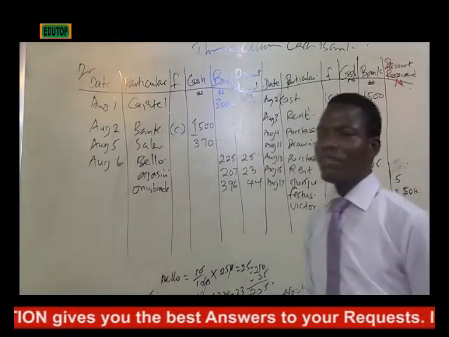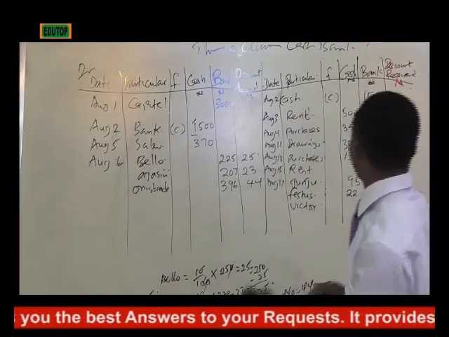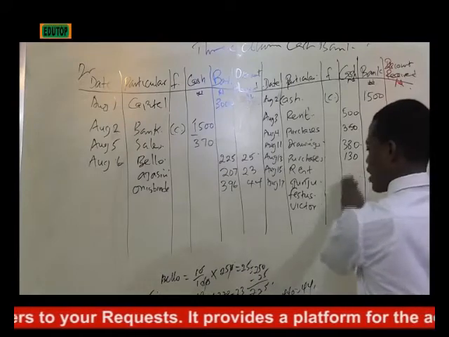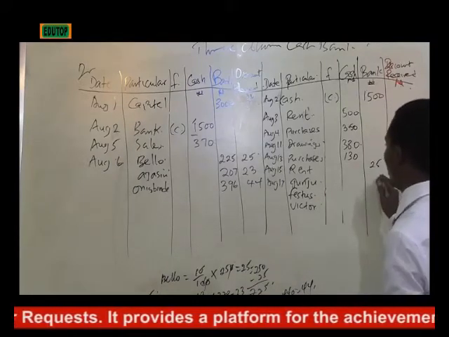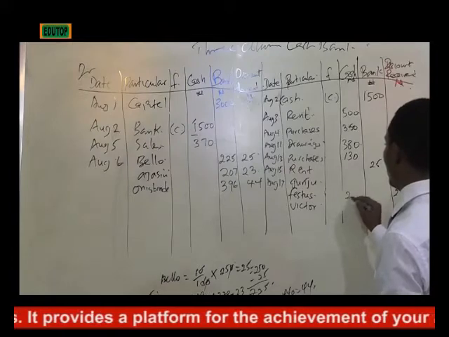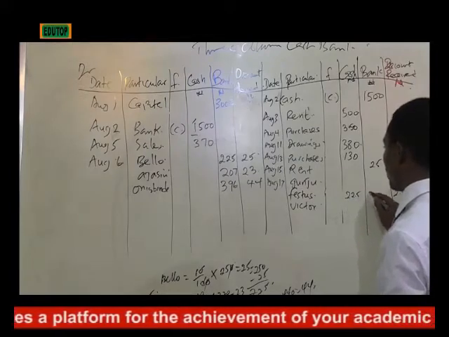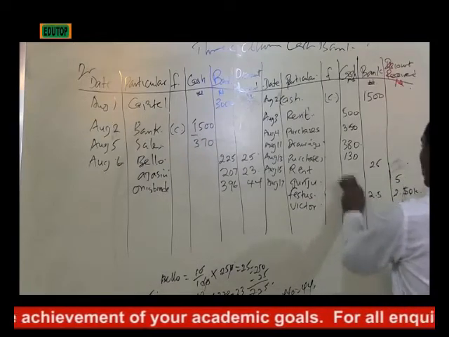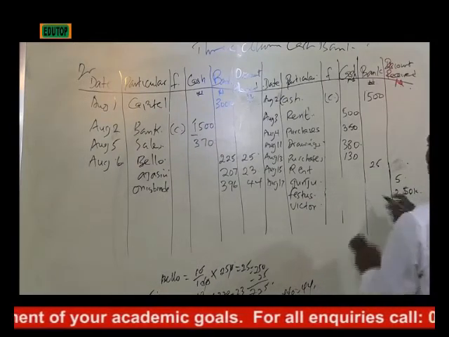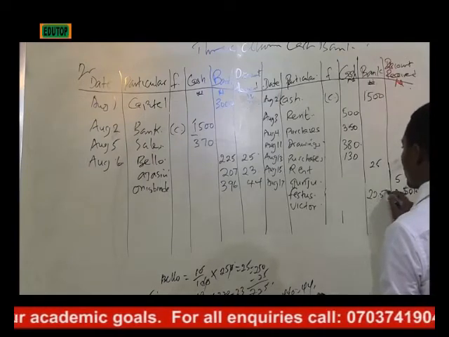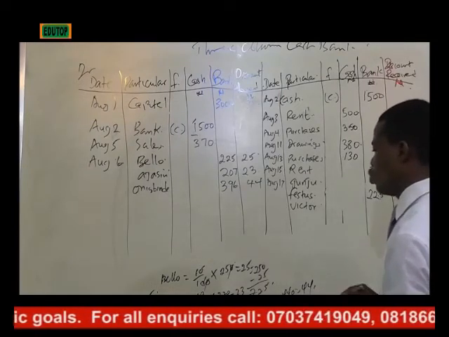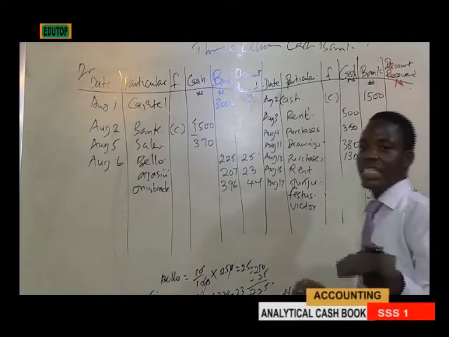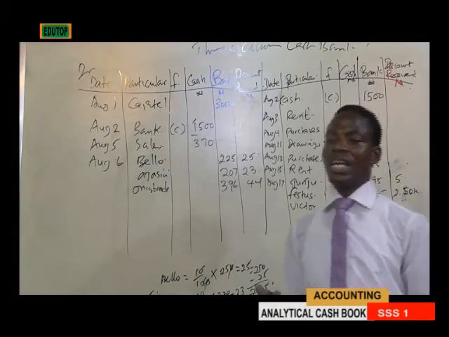Now, August 17, that is a check. All the transactions have to be on the bank column. First is 22.5. Gunju is 95, because we are being told that it is paid through check.